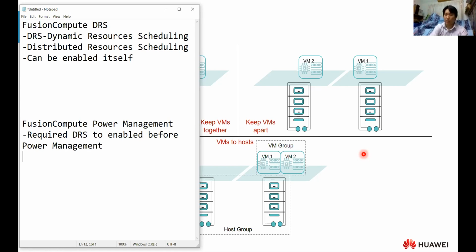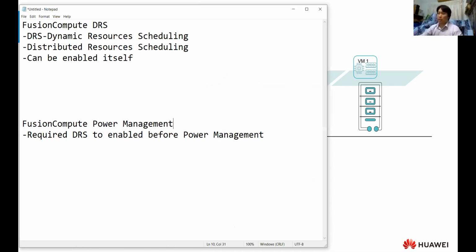So this will be a package. In order to utilize this feature, it will be DRS plus power management. Your DRS can be enabled alone, no issue. So from the FusionCompute environment, I can choose to utilize DRS only without DPM.